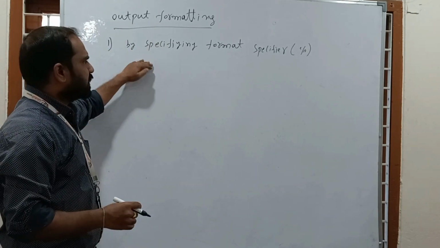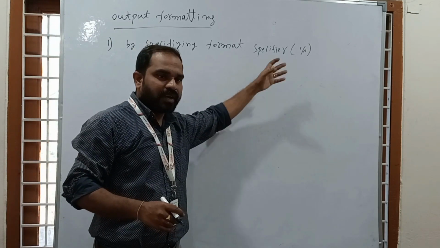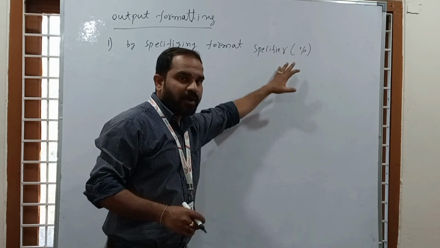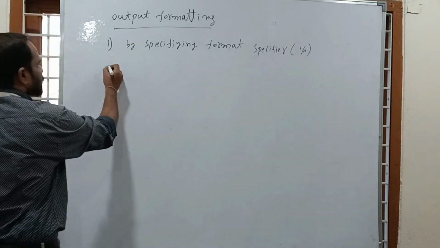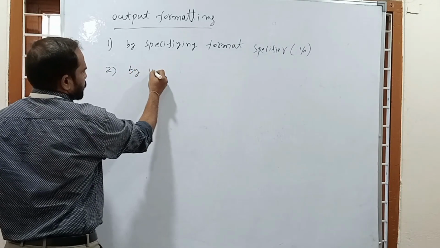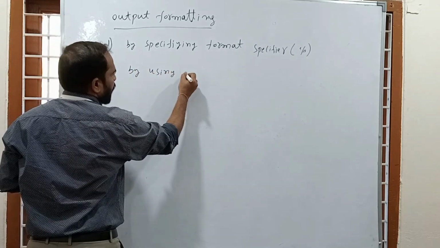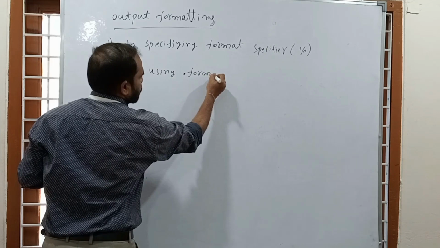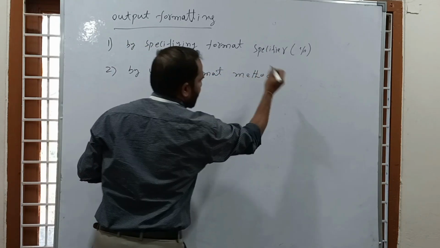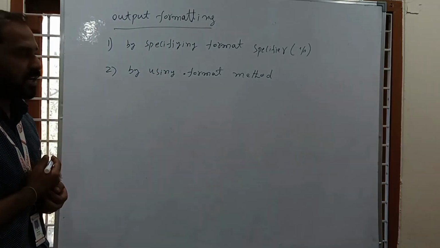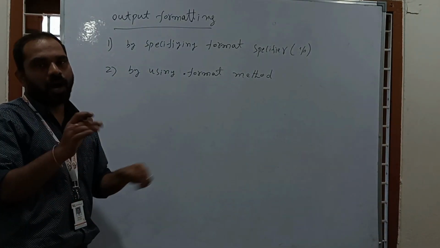By using a format specifier, we can format the output. And the second one is by using the dot format method. By using the dot format method also we can format the output.